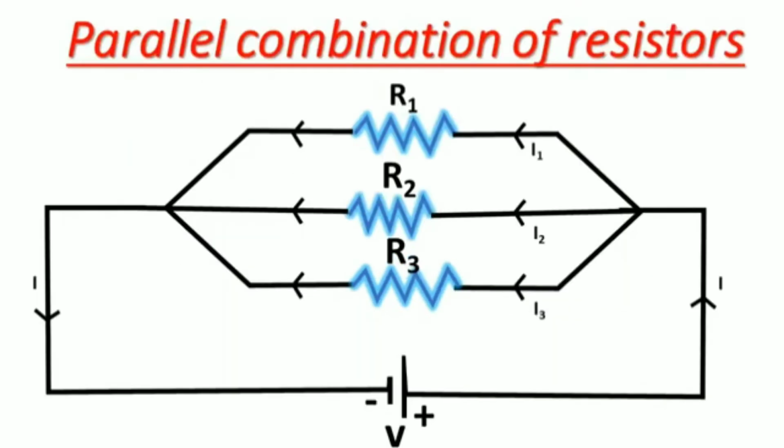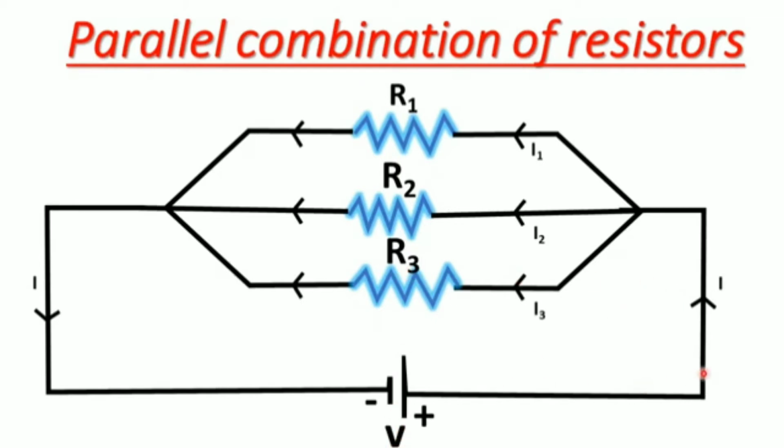Now we will see parallel combination of resistors. In the diagram, three resistors having resistances R1, R2 and R3 are connected in parallel across the terminals of the cell having terminal potential difference V. So you can see current I is drawn from this cell, and it is divided in three parts.